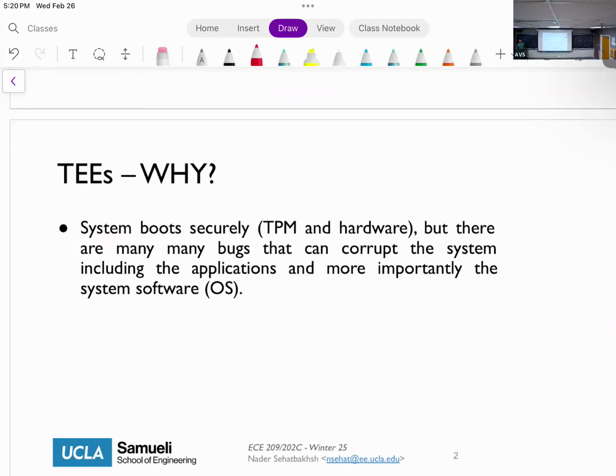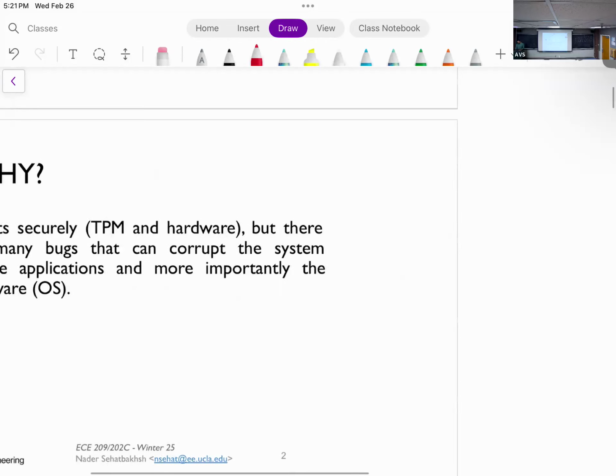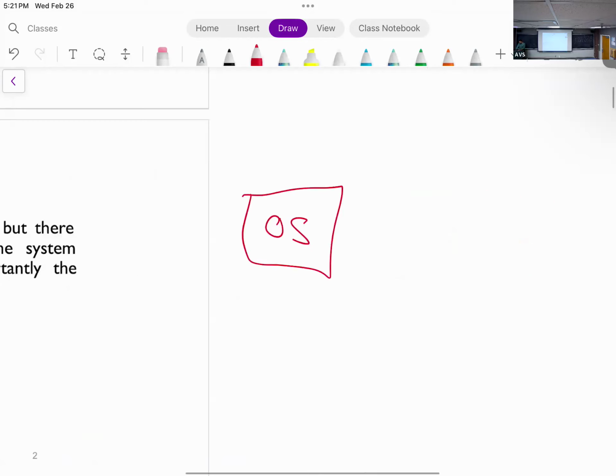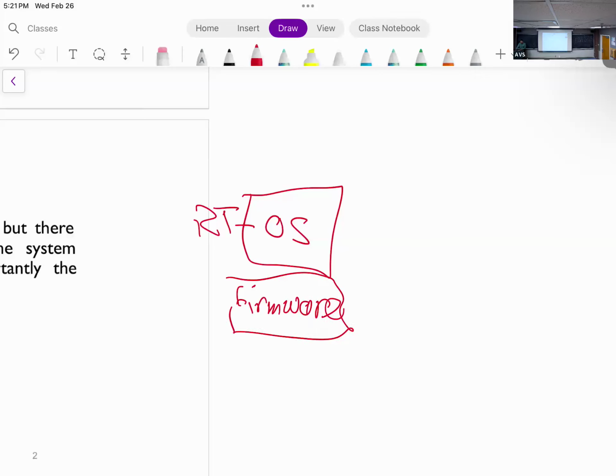To achieve secure boot, we had this trusted platform module, TPM, that has a little bit of hardware and a little bit of software that reads a tiny piece of code, hashes it, and makes sure that it's correct, and uses it to bootstrap the trust and eventually loads some form of an operating system, or in lower end devices, usually a real-time OS, or in even lower devices, some form of simple firmware, which is just a flat memory application.